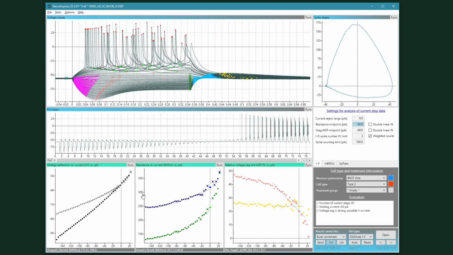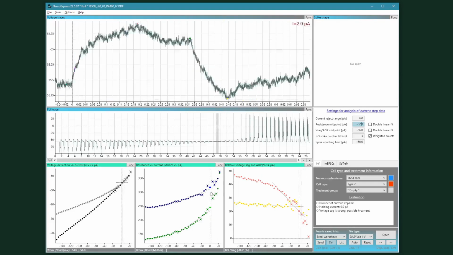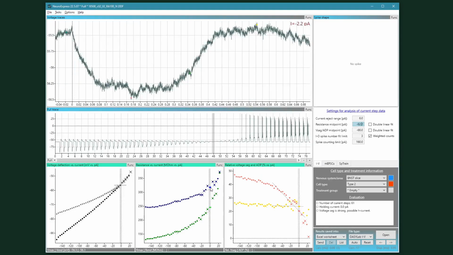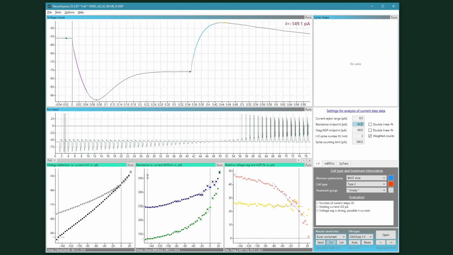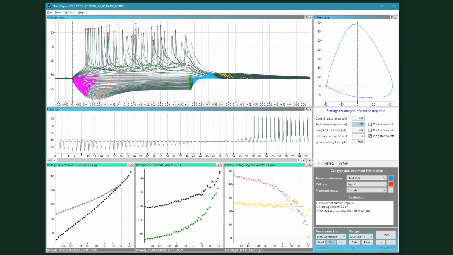We can use a linear fit to extrapolate these values to I equals 0, so to obtain the membrane resistance at 0 current level, that is the resting membrane potential of the neuron. In this case, the estimated membrane resistance would be 317 megaohm instead of 272.